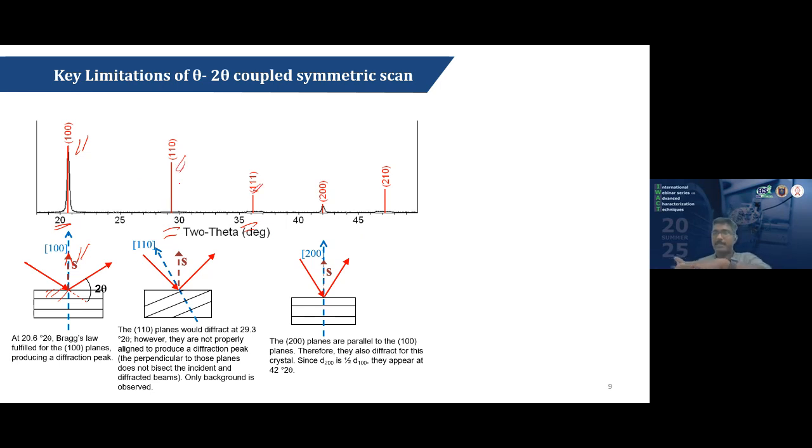If the surface is like this, the 110 and 111 planes are tilted to the sample surface. They may not be normal to the sample surface. In those cases, these planes will not be visible in the X-ray diffraction spectra taken using theta to theta geometry, or Bragg-Brentano geometry.